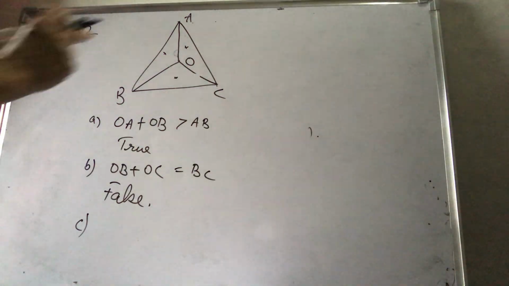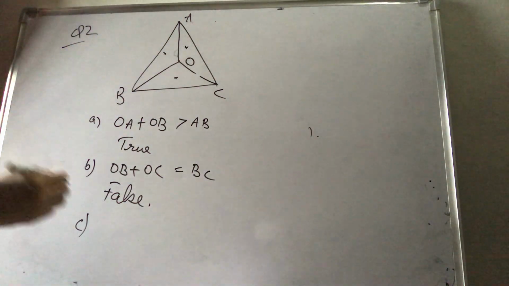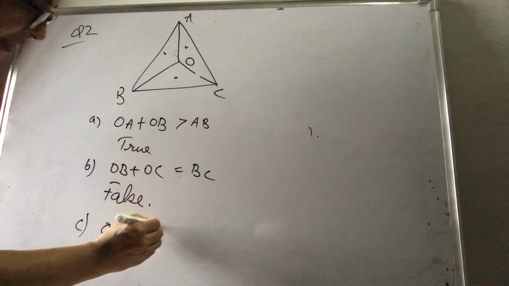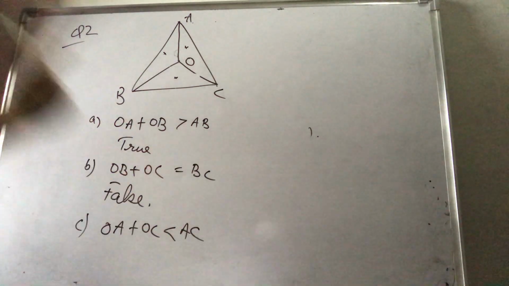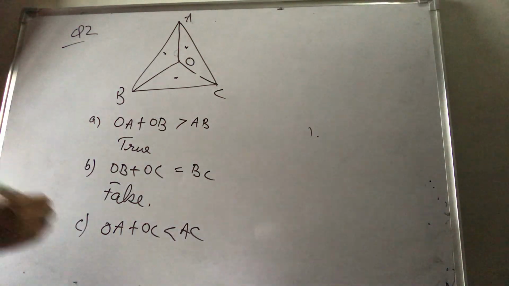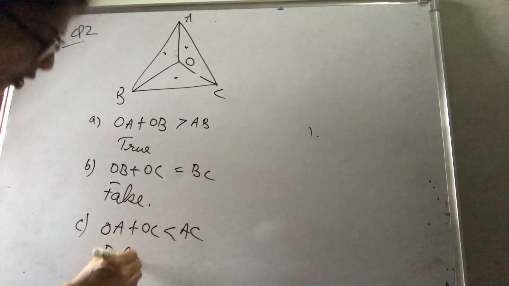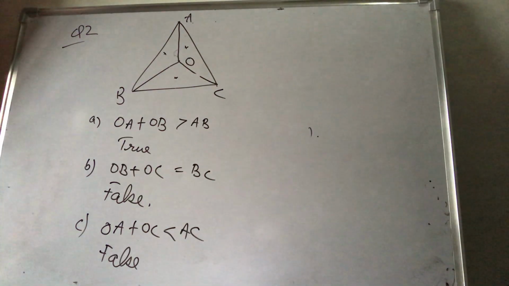And the C part, we will take the triangle AOC. Here AO plus OC is less than AC. Because of this less than sign, this statement is false, because the sum of two sides is always greater than the third side.